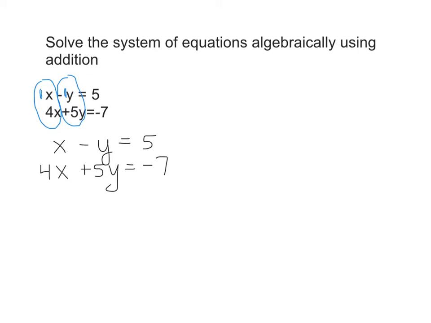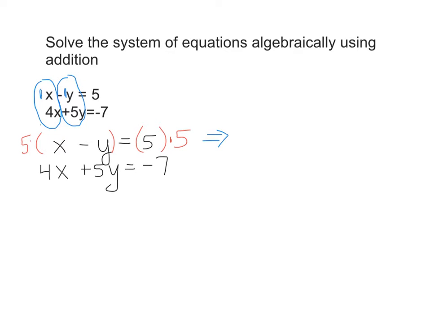In order to get the coefficients of the y terms to be opposites, so that when we add them they eliminate, we need to multiply the first equation, both sides, to keep our balance, by 5. That's going to give us a new equivalent equation.